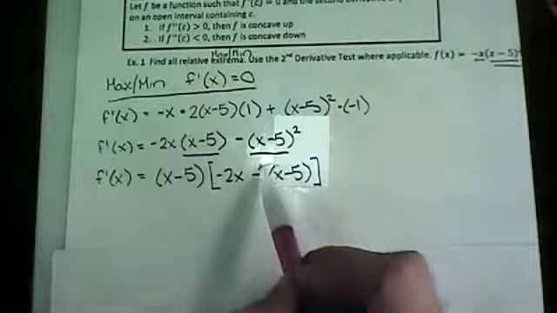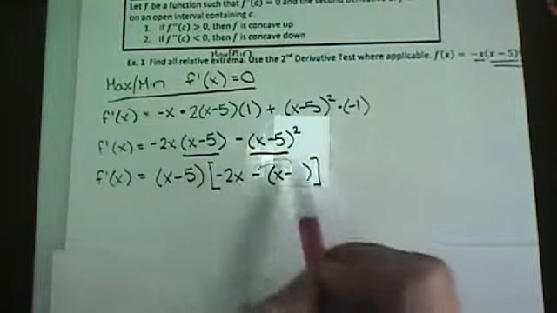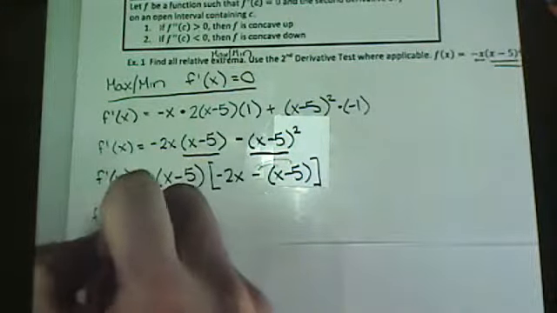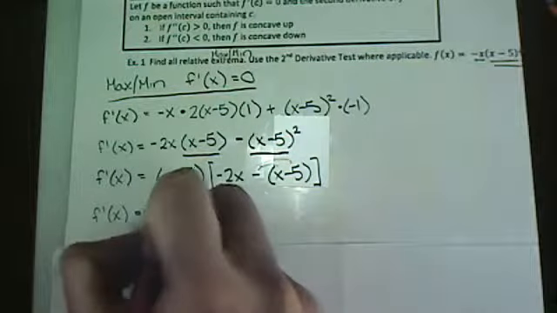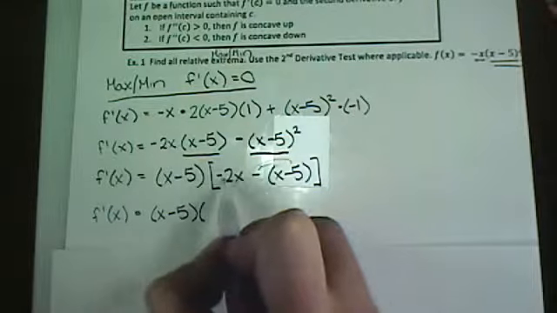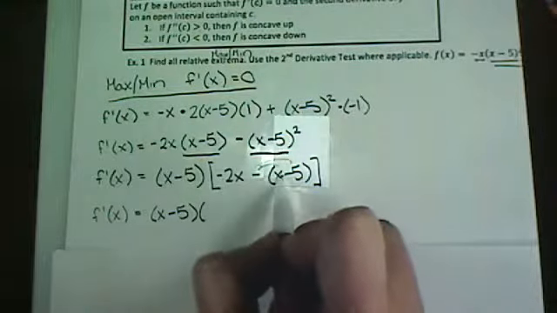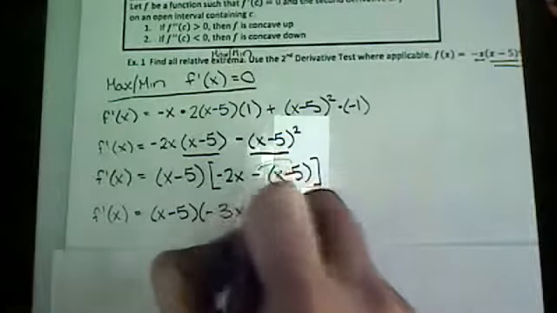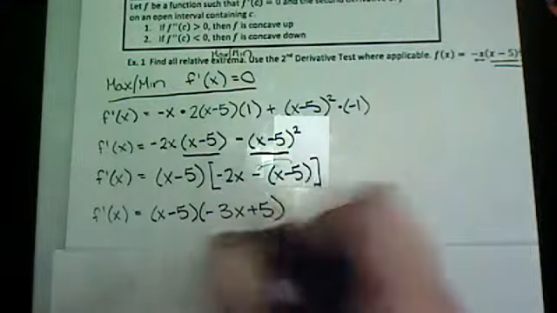I'm going to distribute this negative and then combine my like terms on the inside of this parenthesis. So I'll have that the first derivative equals x minus 5 times, and then this is going to be negative 2x minus x, so negative 3x, and then two negatives make a positive 5.